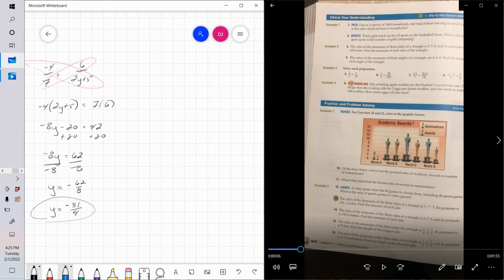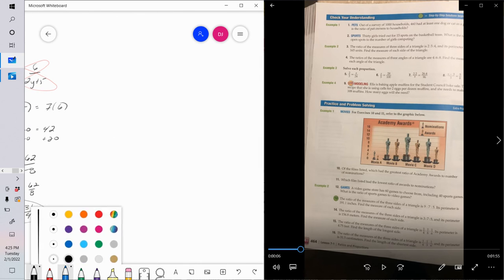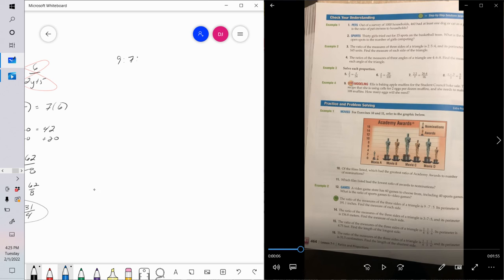Okay, so let's try number 13 right here. The ratio of the measures of the three sides of the triangle is 9 to 7 to 5.